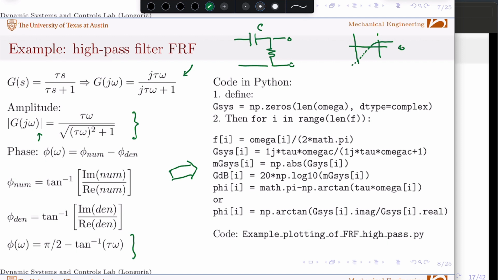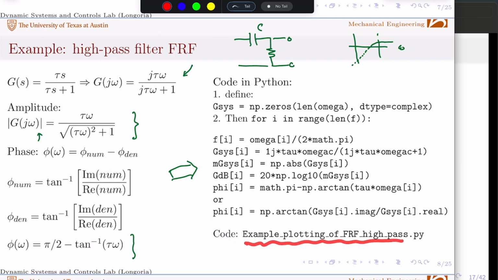In particular, I wanted to show you how you create some zeros here to fill in. Again, a little lesson on Python. You create a complex G of S just to emphasize that it's a complex number. And then you just step through this and you can compute these.